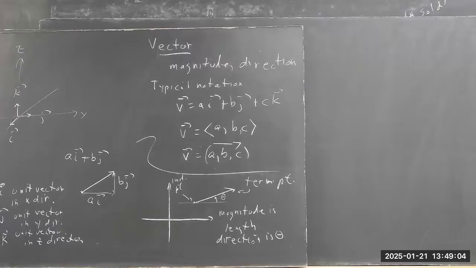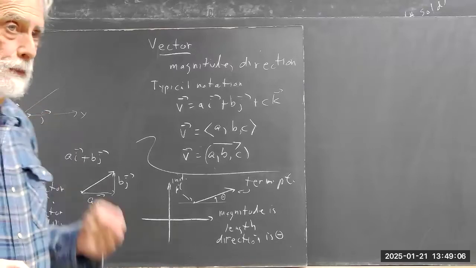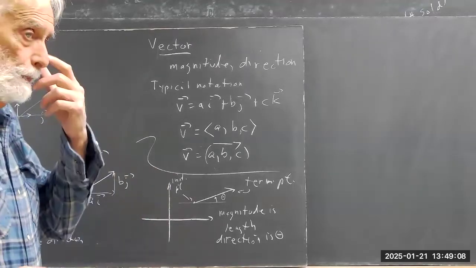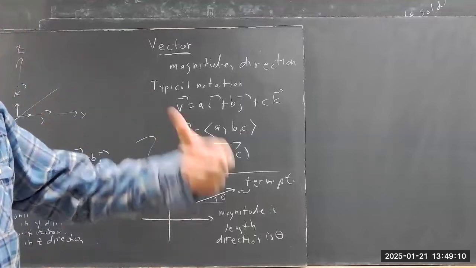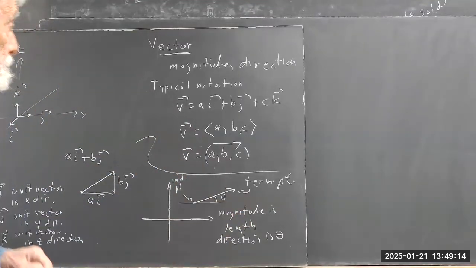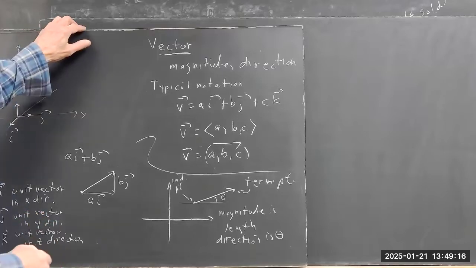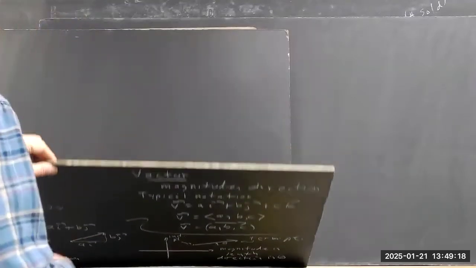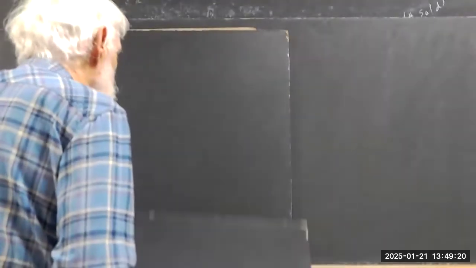Now, vector operations like addition, subtraction, and multiplication are simple. You can multiply a vector by a number, by a scalar. Okay. So some rules. Now again, I'm doing this very quickly.